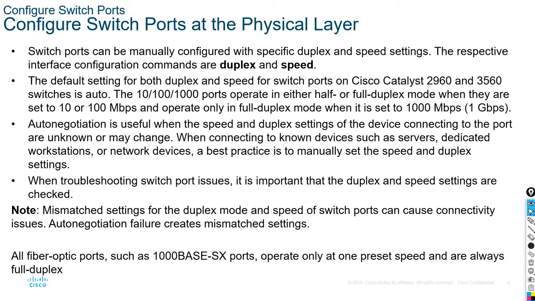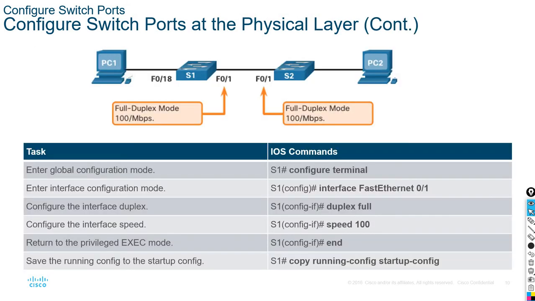To configure switch ports at the physical layer, switch ports can be manually configured with specific duplex and speed settings. For this purpose, the respective interface configuration commands are duplex and speed. You can see the commands here.